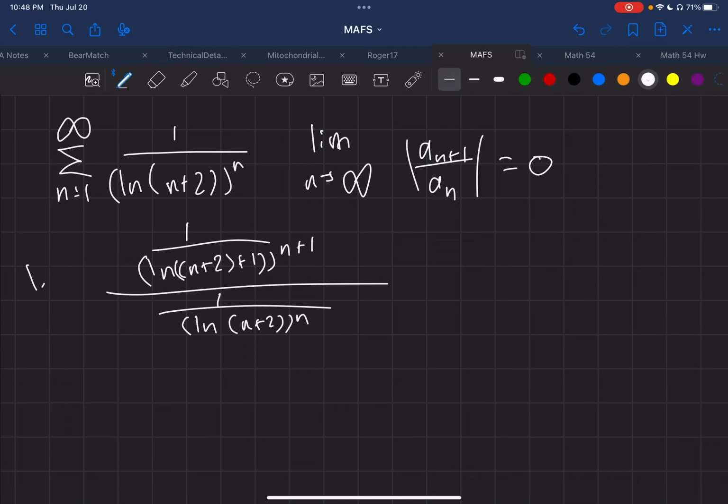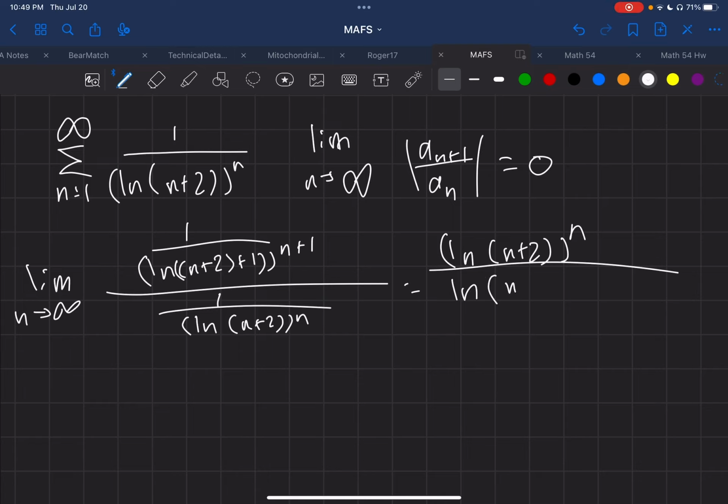And now let's change this to the limit as n approaches infinity. Now what we can try to do is find the reciprocal. So we rewrite this as ln(n + 2) to the power of n over ln(n + 3) to the power of n plus 1, simplifying the like terms.